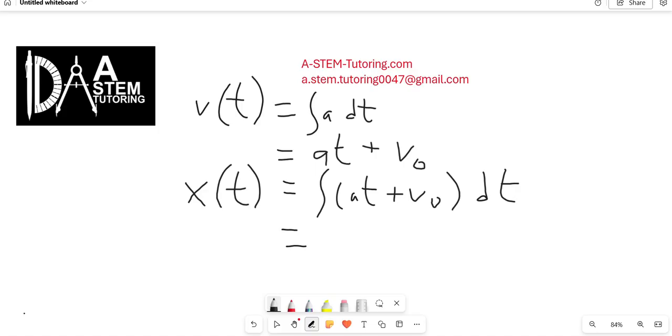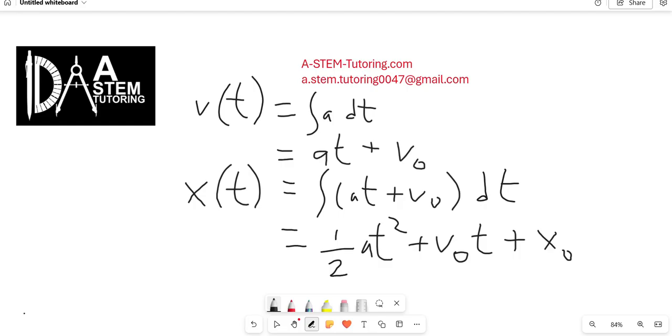And that will give us 1/2 at squared plus v naught t plus a constant of integration, but that constant of integration must be the initial position, x naught or x sub 0.